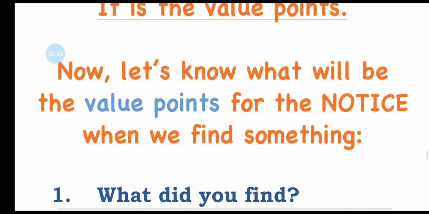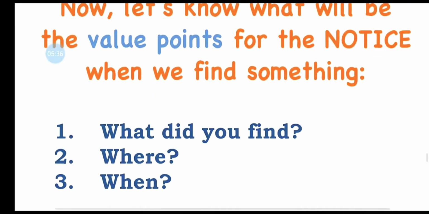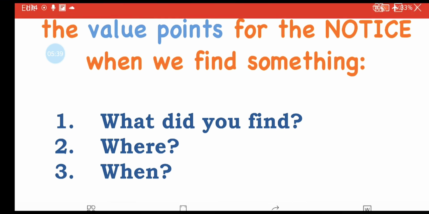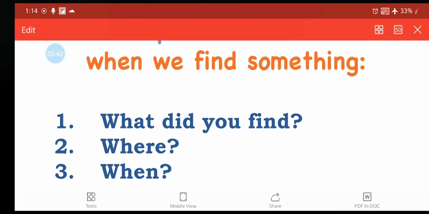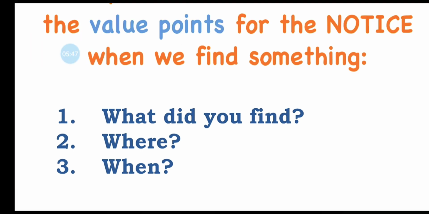Here it is, wristwatch. So the first point will be, of course, what did you find? Second, where did you find it? Third, when did you find it? In the previous notice, children, we also wrote about the identification of the object lost. So there you mentioned things like I've lost a blue color, red color watch.